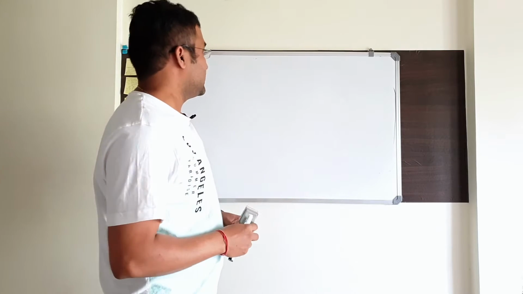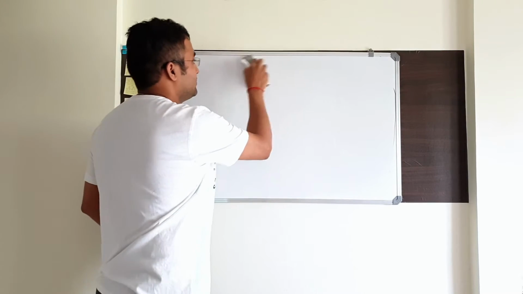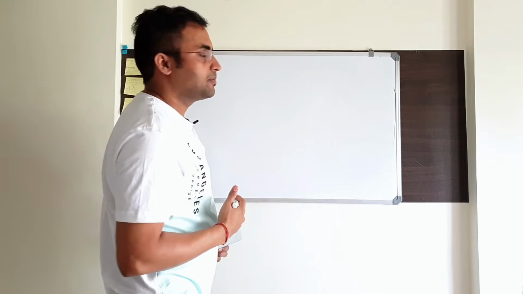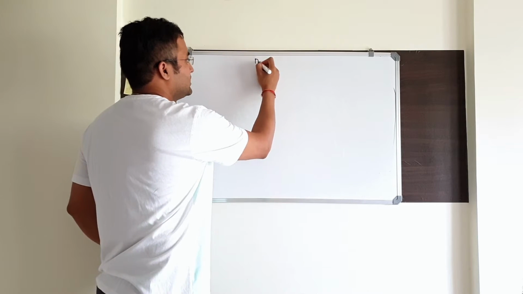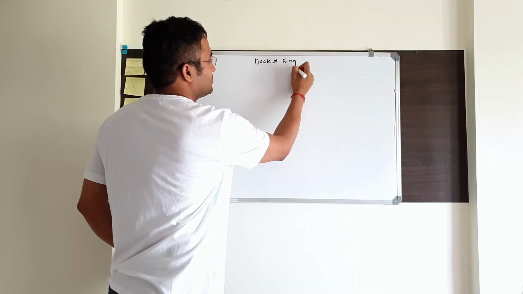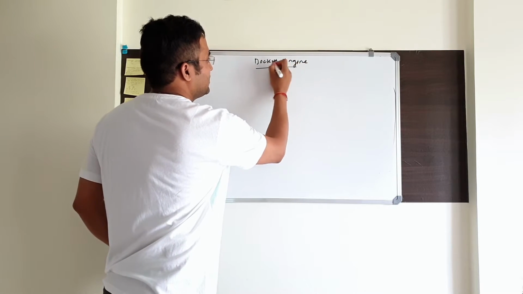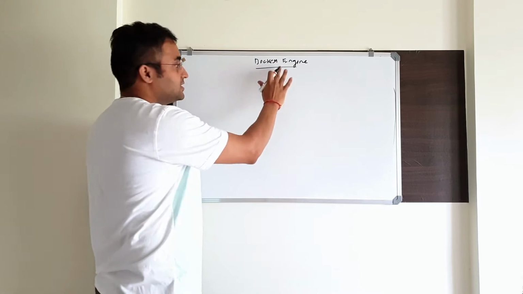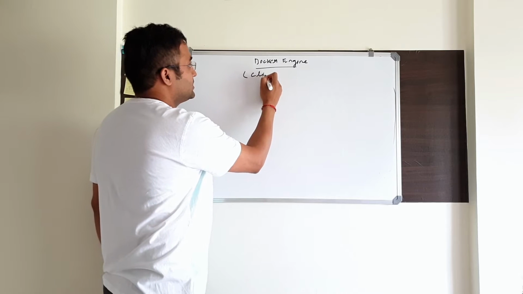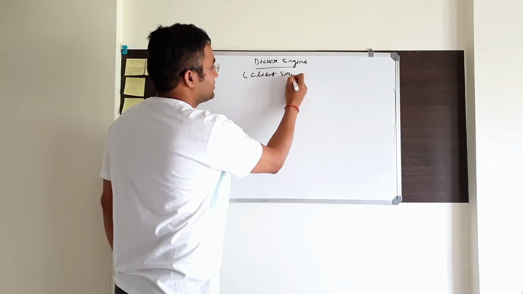Okay, so let's start. Docker is a client server application. So let's talk about this Docker engine. This Docker engine is a client server application. So let me just write client server.